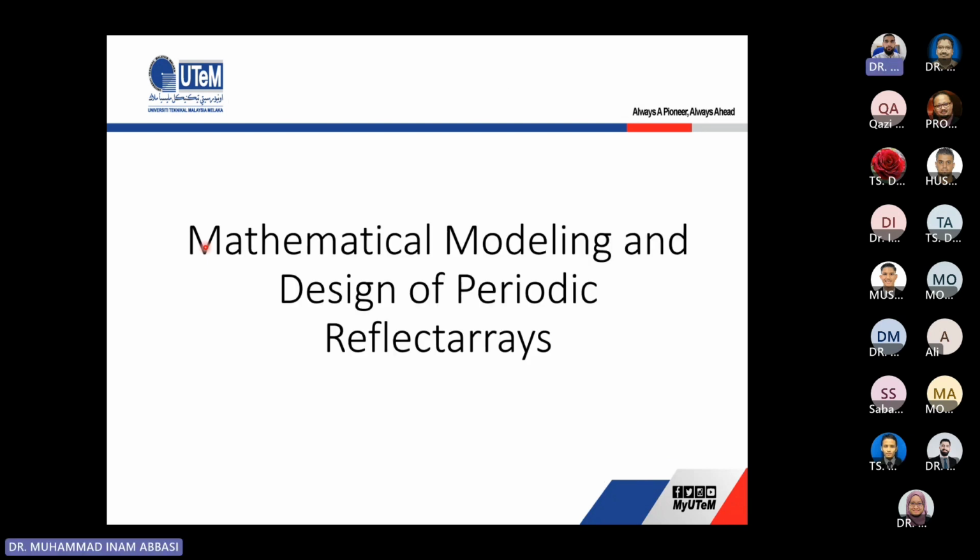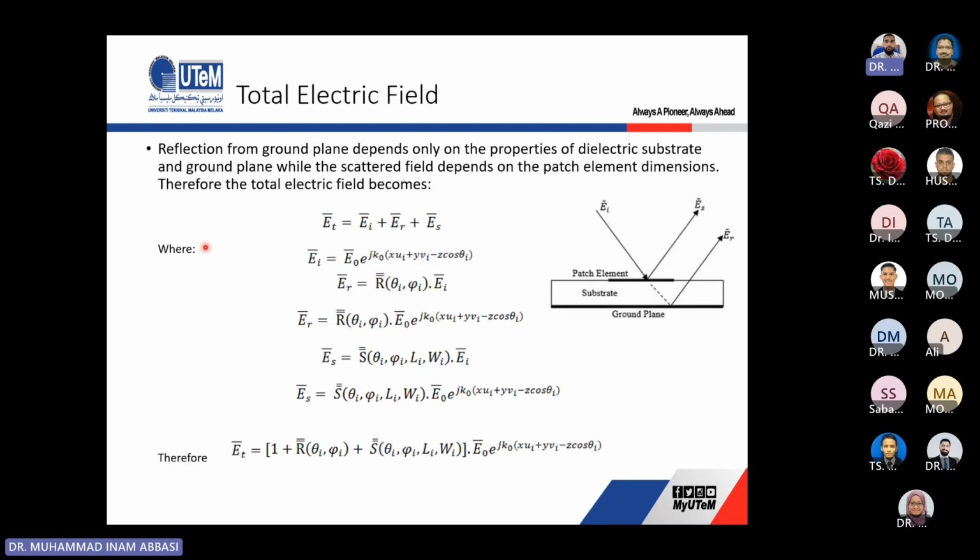Okay, once we are done with the unit cell design, the next step is to design the complete periodic array. Before we go into the complete periodic array, we have to know how we are going to place the elements in the array environment. For that, we have to do some theoretical or mathematical modeling in MATLAB. So we did that in MATLAB.